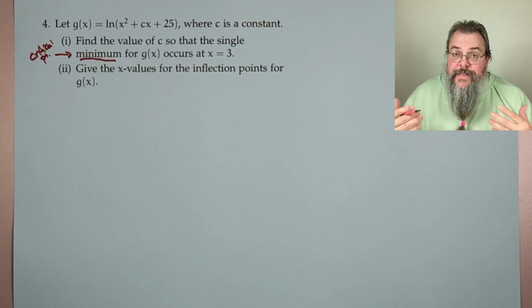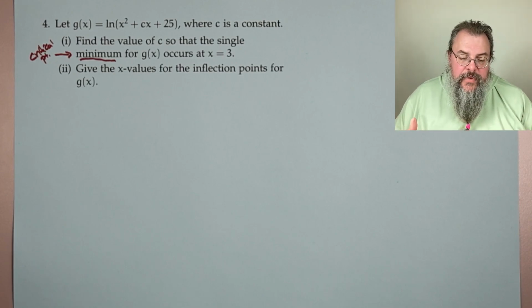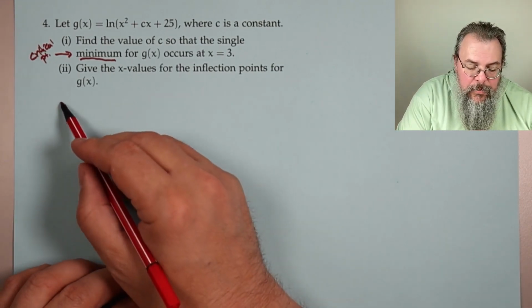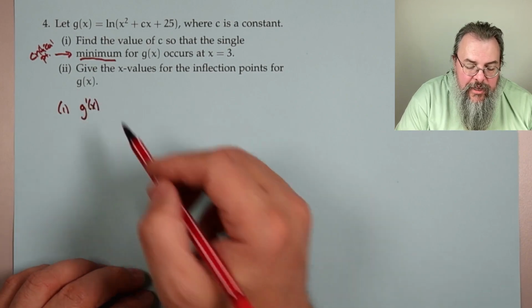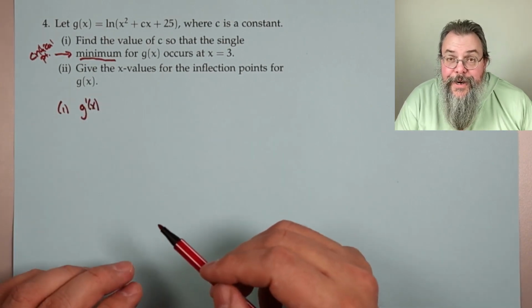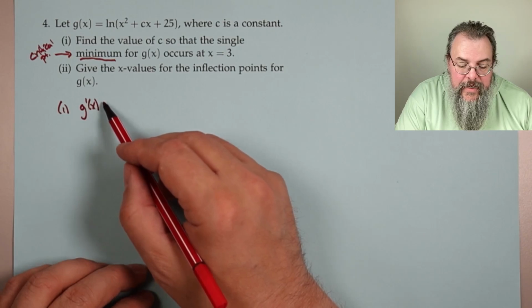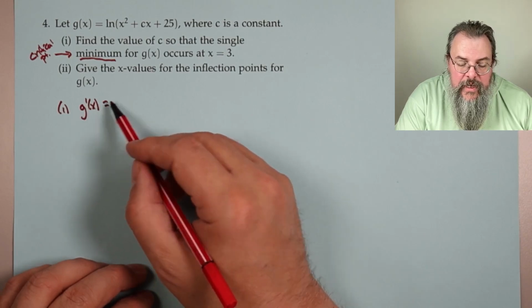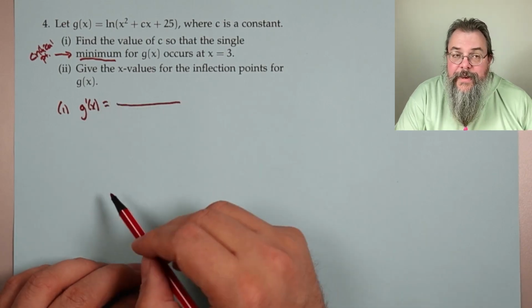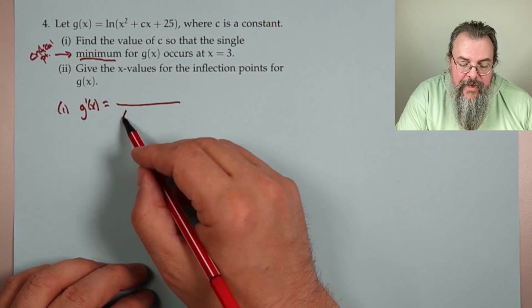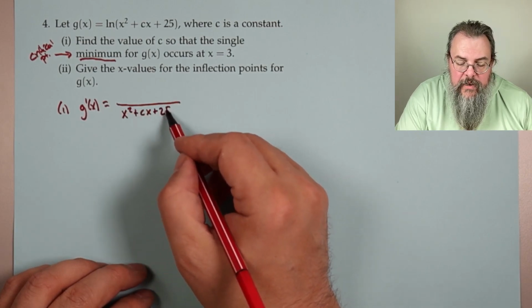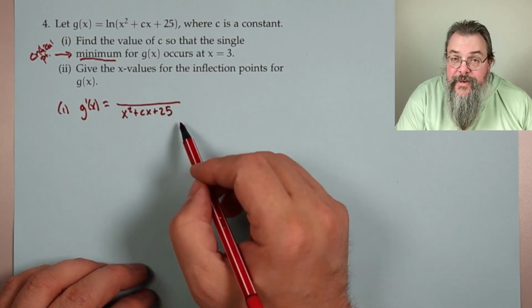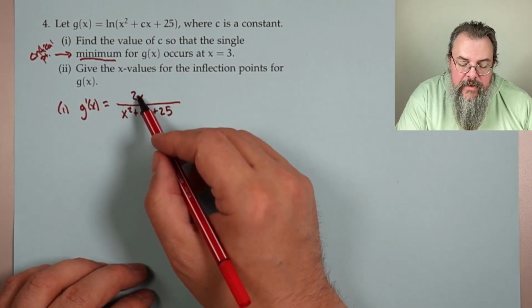All right, so let's think about how that could happen. Well, what we can do is look at the derivative, because the derivative will tell us what's going on. And all right, so it's a log, so write it as a fraction, and you have x squared plus cx plus 25 downstairs. Take the derivative of that, 2x plus c.